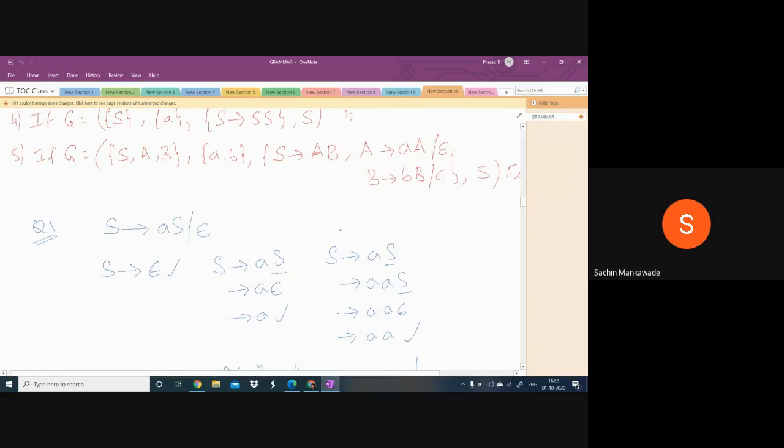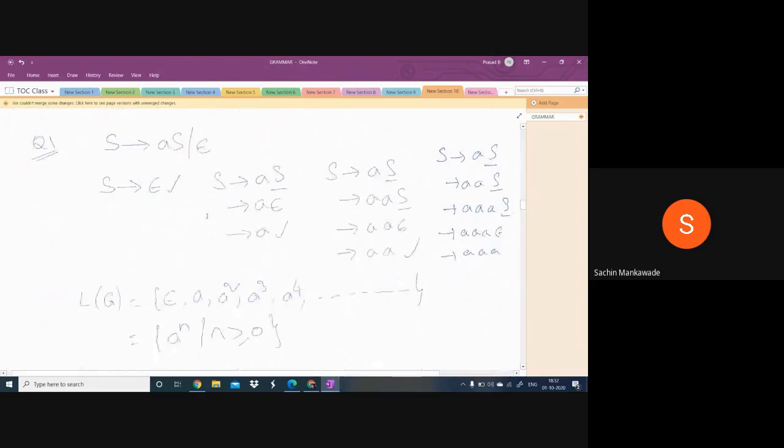Like that, if I go for one more example, S derives AS as the start symbol. In S place, I will substitute AS. In S place, again I will substitute AS. Now in S place, I will substitute epsilon. Then this will be A cube. So from this grammar, you will get epsilon, A, A square, and A cube.